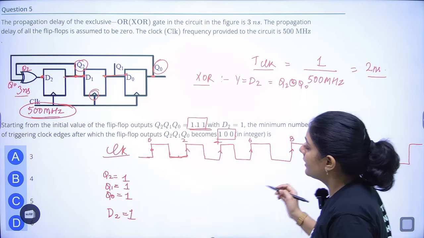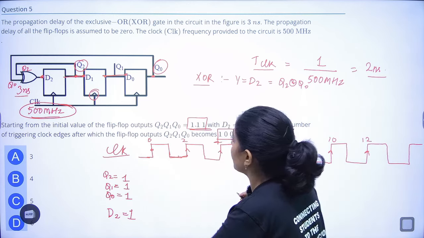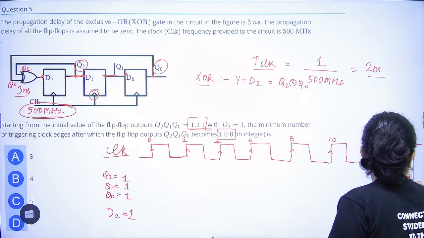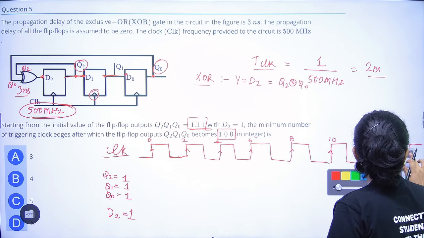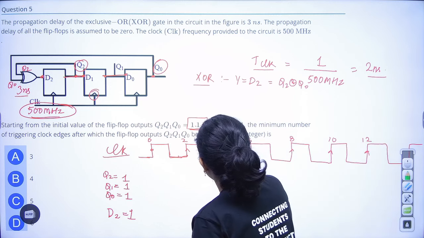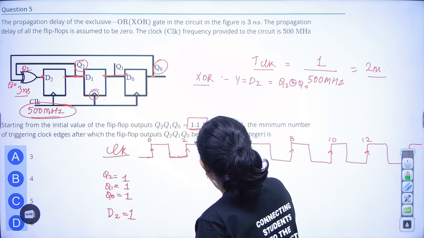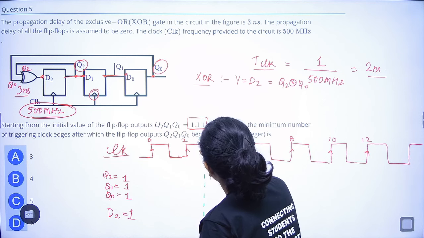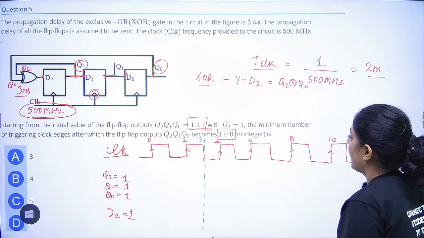And also the XOR will take 3 nanosecond, so let me mark the 3 nanosecond timer also. XOR has a delay of 3 nanoseconds, so somewhere here is your 3 nanosecond.